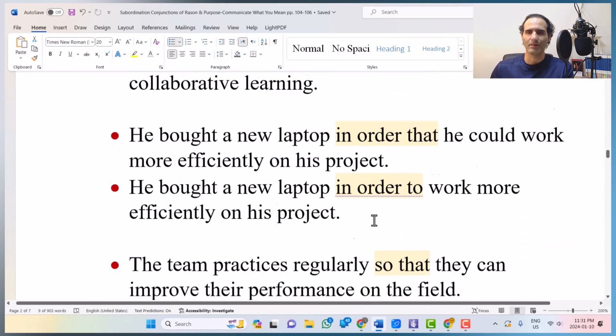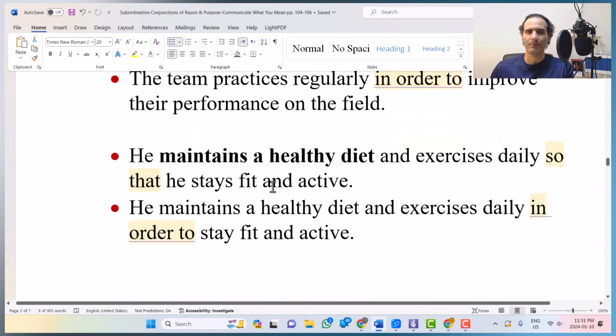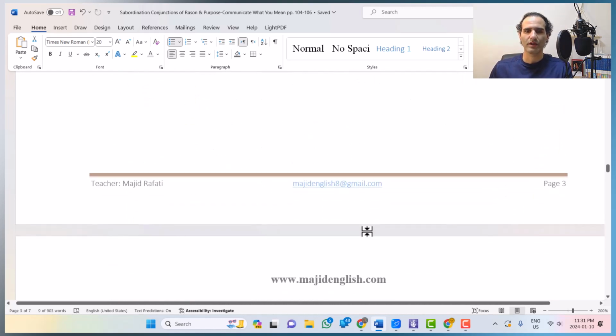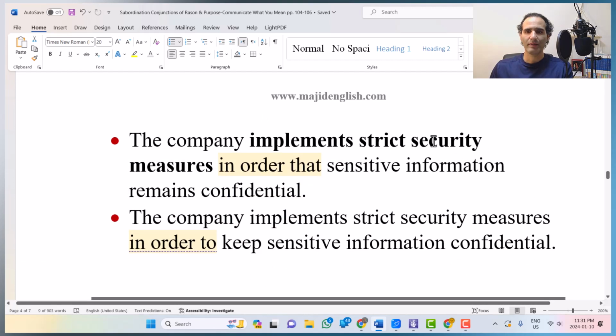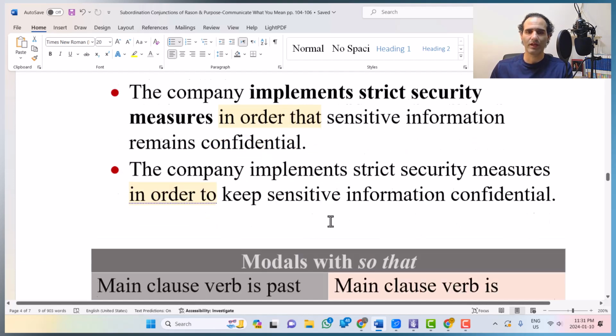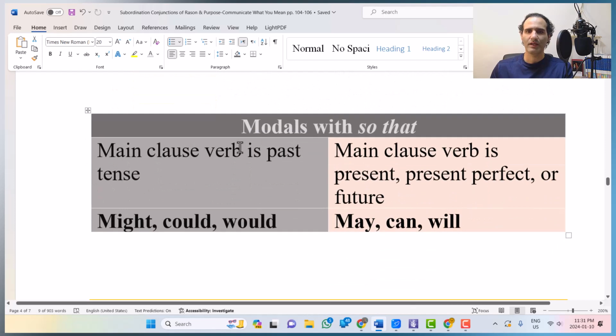Here we had some examples, we talked about them. Maintain a healthy diet was beautiful, which we covered. Implement measures, implement strict security measures, that part was beautiful. This table tells us if the main verb is in the past tense, might, could, or would with so that.